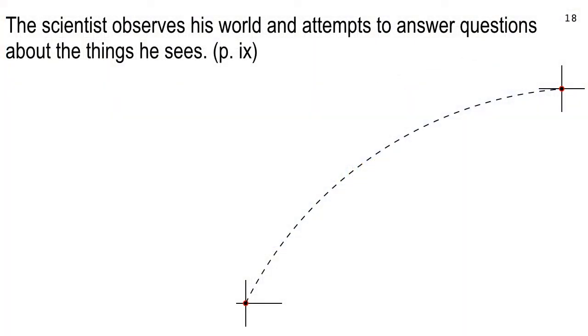All right, so let's look at some of the questions a scientist might ask. This is on page 9 of the introduction. For instance, is there a plan or a pattern in what the observer sees? In this one, this is what we would call a ballistic arc.